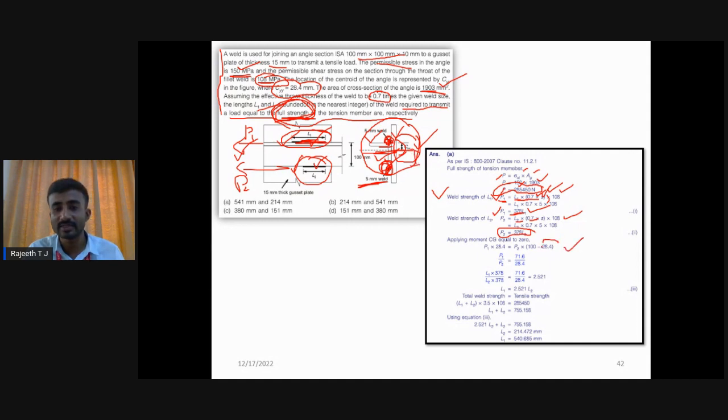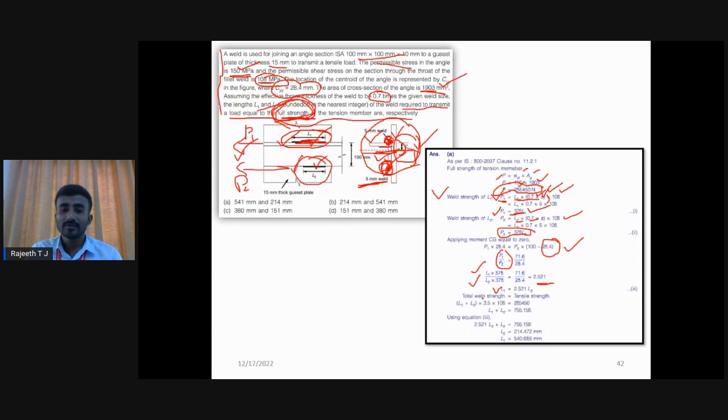CYY here is 28.4. So you are going to get the ratio P1 by P2 equal to 731.6 divided by 28.4, where P1 is L1 into 378 and P2 is L2 into 378. This ratio will be 2.521, so L1 in terms of L2 is this value.